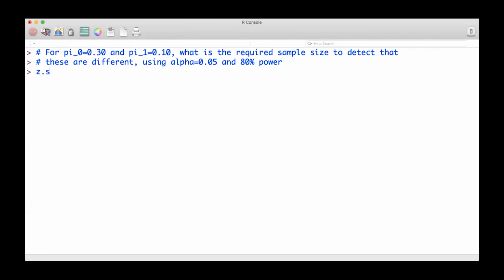So we already have stored in our R session, if you've been following along, the associated values for alpha as well as for beta, so we don't have a need to further calculate those. Now we do have to put in our pi naught value of 0.3 and our alternative value of 0.1. Okay, so the average value would be achieved by adding those together and then dividing by 2.